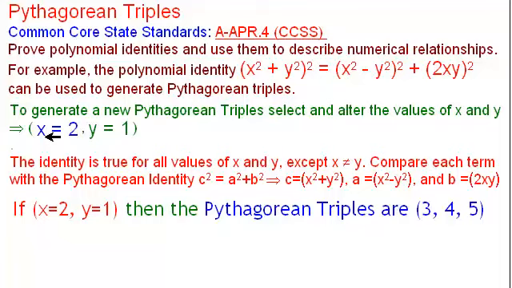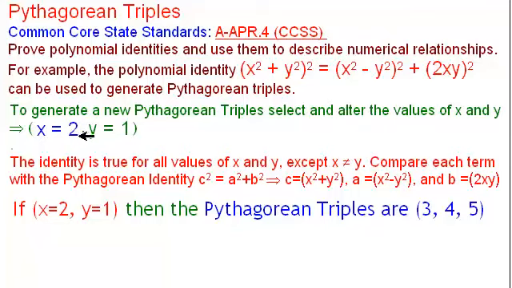The first example I have taken here: x is 2 and y is 1. Any values of x and y can be chosen to find multiple Pythagorean triples. The condition is that the values of x and y must not be the same.